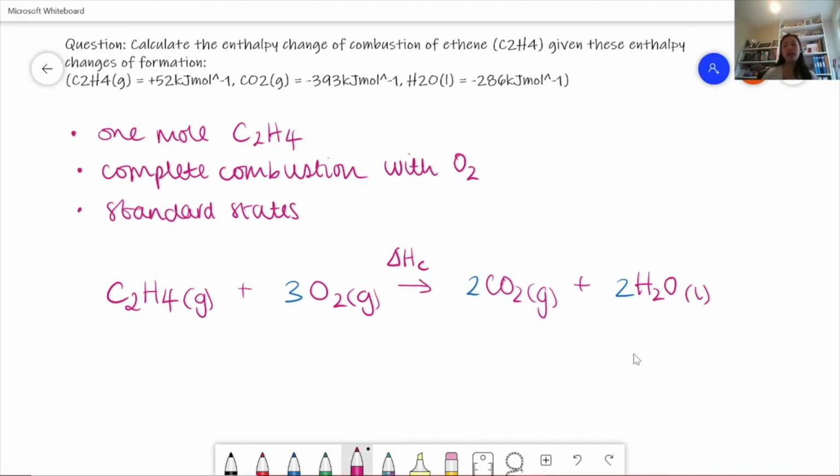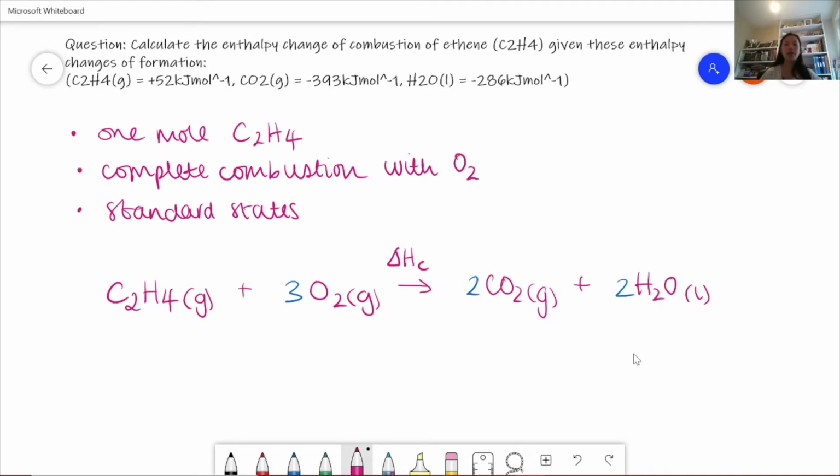So now we think about Hess's law, and we think that every route that I take will give me the same enthalpy. So we want this, but we're actually given enthalpy changes of formation. So the question must be wanting us to form these 2 things in order to find the delta H of combustion.